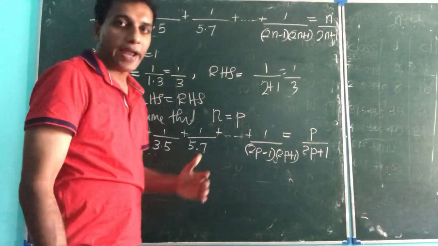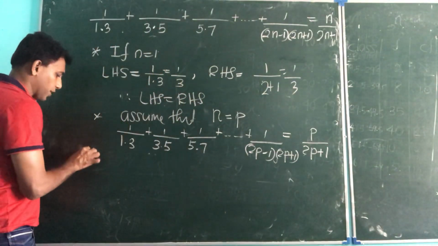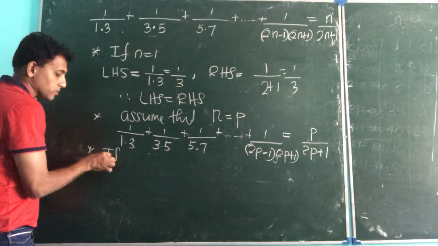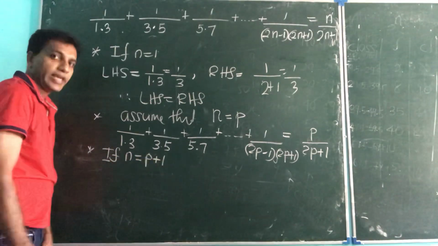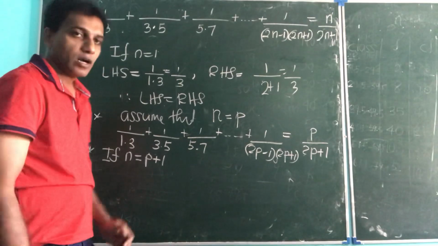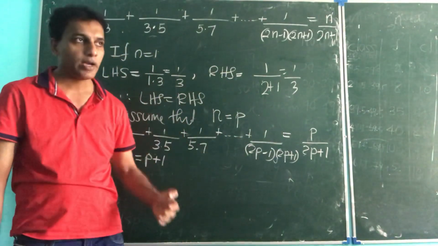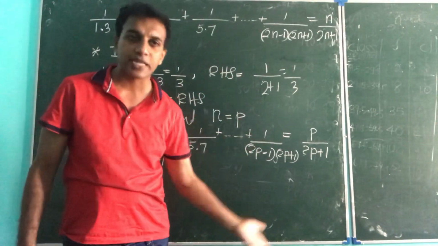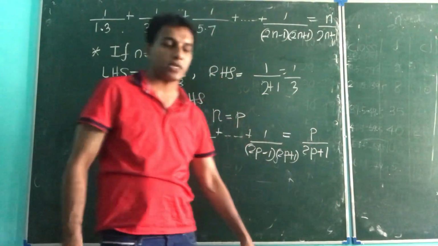And next, n equal p plus 1. Therefore, if n equal p plus 1, write up to the p plus 1 term. If it's 10, write the 11th term also. If it's 100 terms, write the 100 plus 1 term, right?